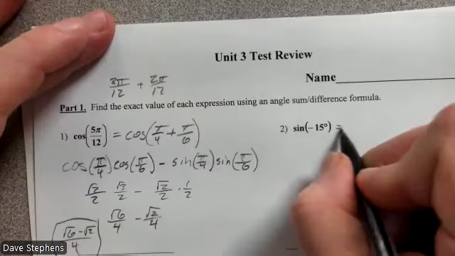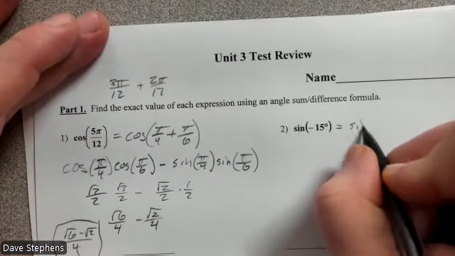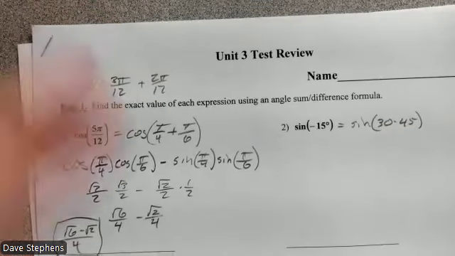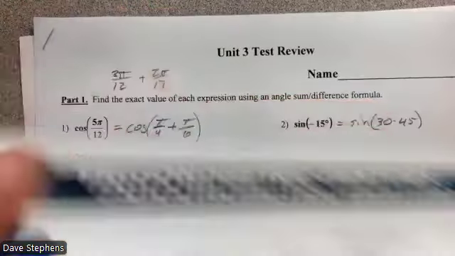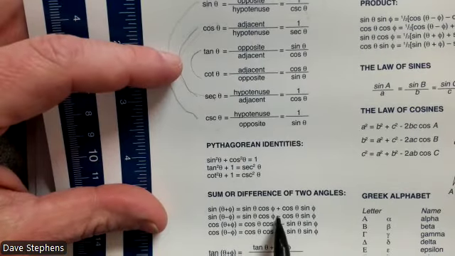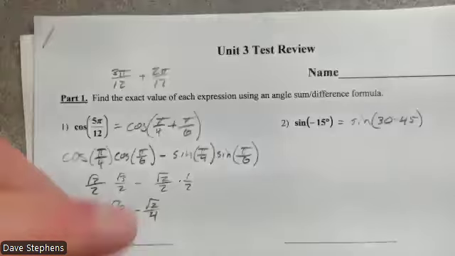Sine of negative 15, I got you. That's going to be the sine of 30 minus 45. So sine subtraction, so the difference, sine difference. Sine cosine minus cosine sine.